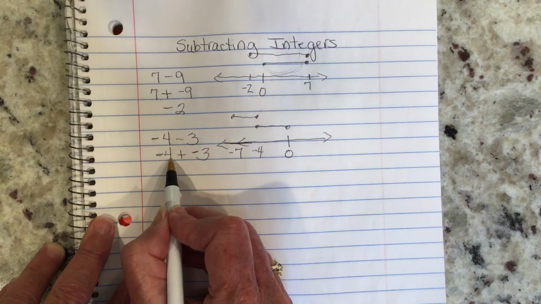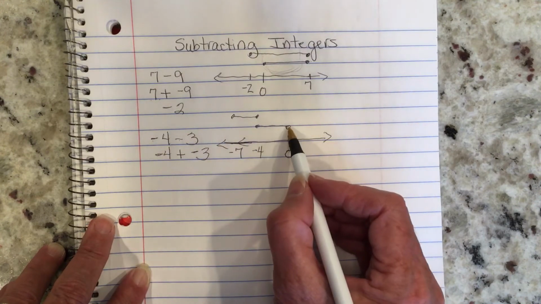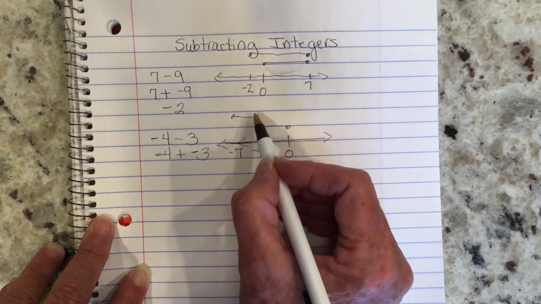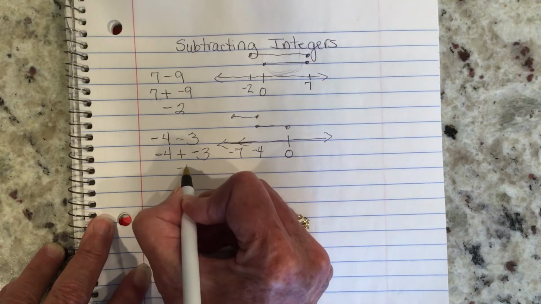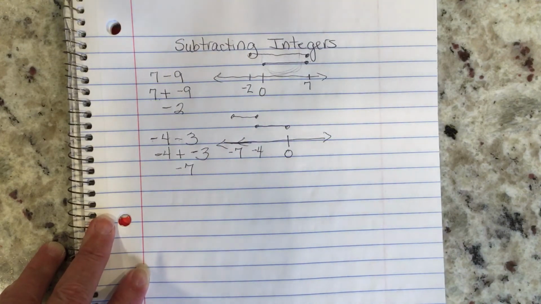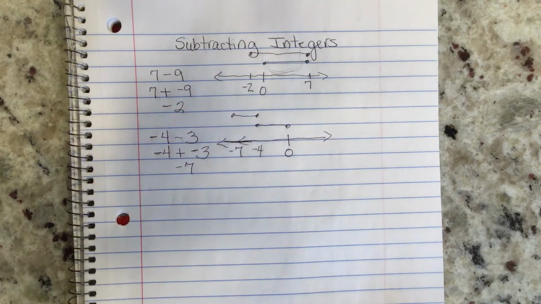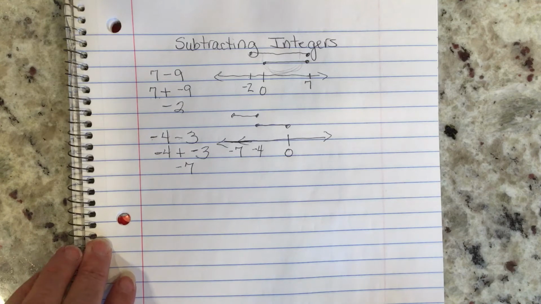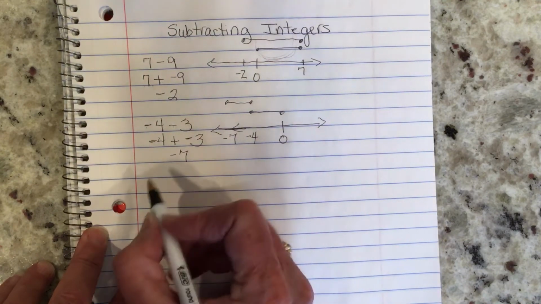If we look at this one where we changed it to an addition problem, is that the exact same thing? Yes, negative 4, and then we went plus negative 3, and that ended up at negative 7. All right? So by changing it to an addition problem, we don't have to learn any new rules. We take those same rules that we learned when we were adding integers.